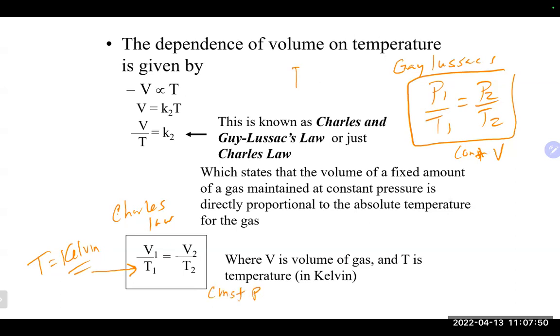As the pressure goes up, so does the temperature. And as the pressure goes down, so does the temperature. And down here, as volume goes up, so does the temperature, and as volume goes down, so does the temperature. So those are the important relationships for both of those. And up here for Gay-Lussac's as well, temperature does need to be in Kelvin.